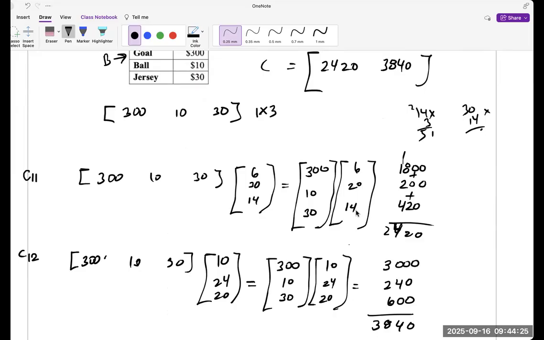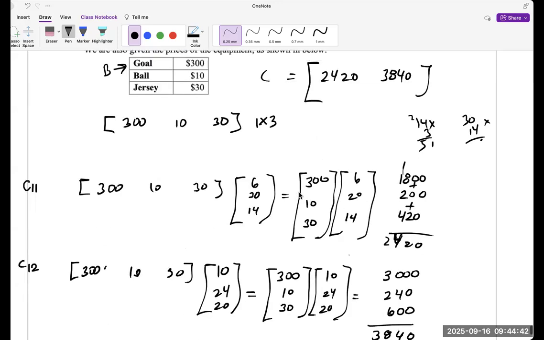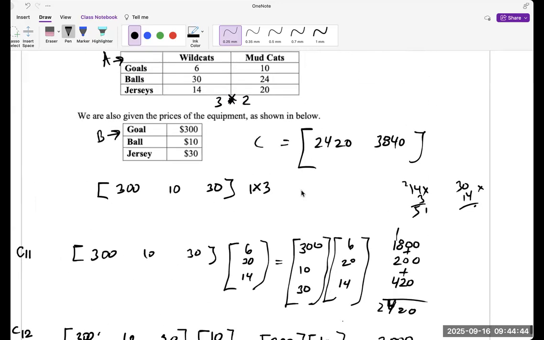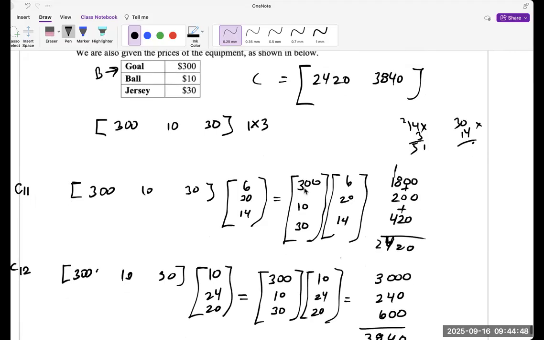And then 30 times 14 equals 420. So 420 plus 200 plus 1800. Well, I still get the 2420. I may have made an arithmetic error here, but at the moment I don't see it.